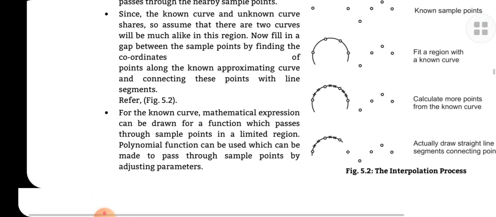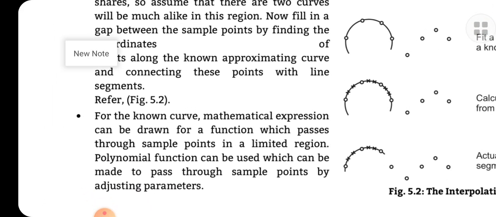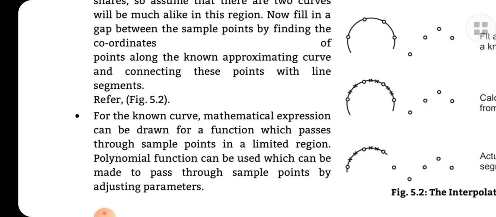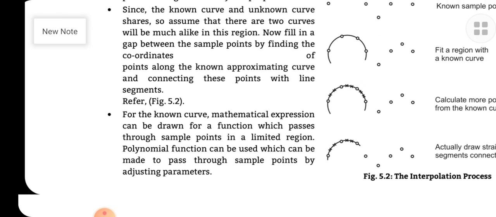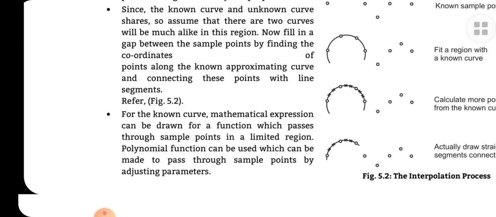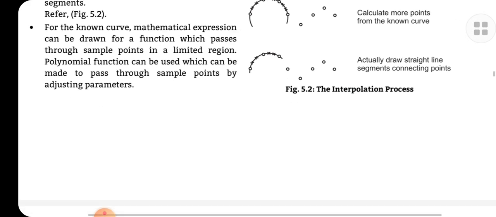For the known curve, mathematical expressions can be used for a function which passes through the sample points in a limited region. Polynomial functions can be used, which can be made to pass through the sample points by adjusting parameters.